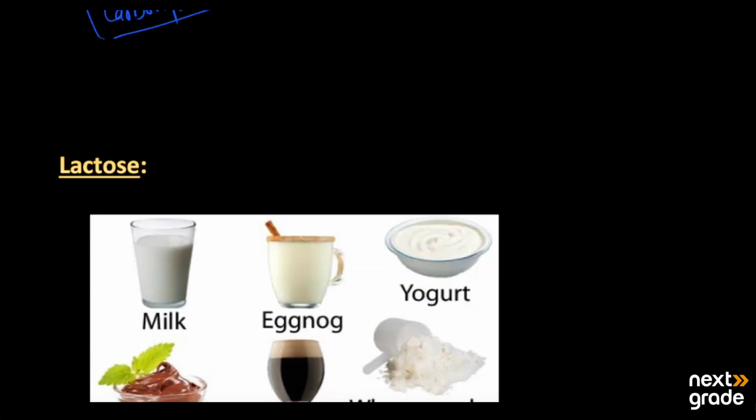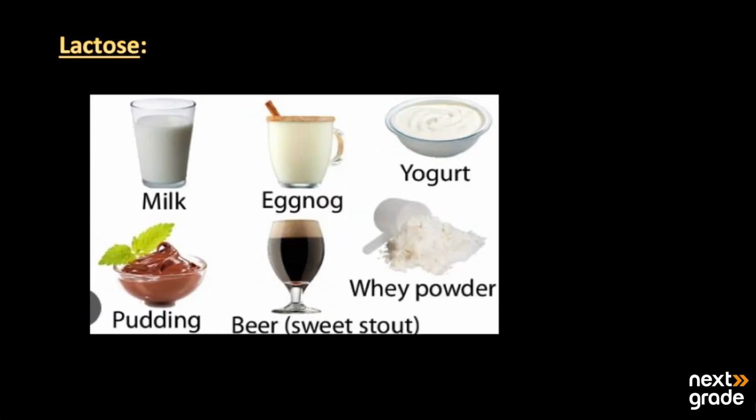After that, we have lactose. The word lactose denotes simple milk products. It is a sugar that is mainly present in milk. It is also a disaccharide, and it also produces two monosaccharides upon hydrolysis.